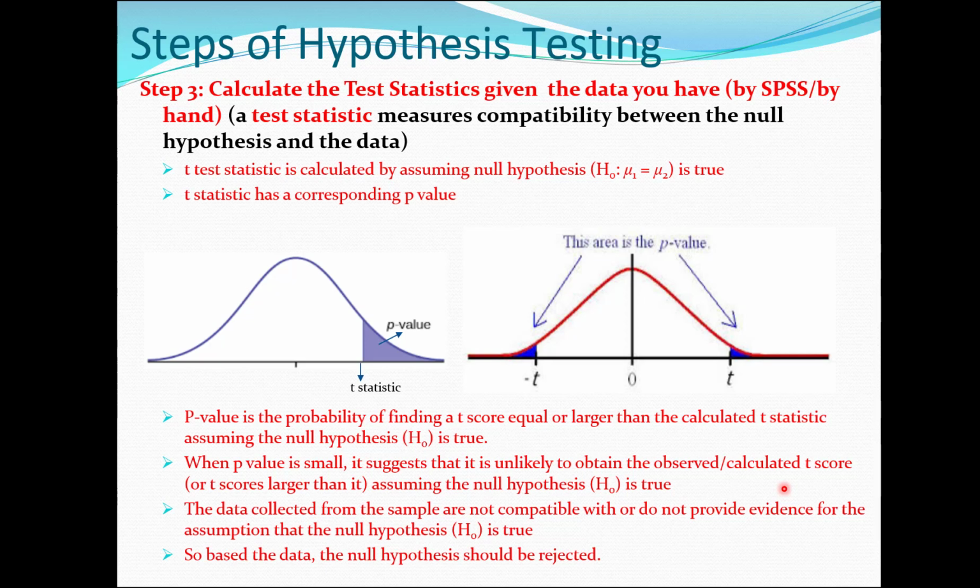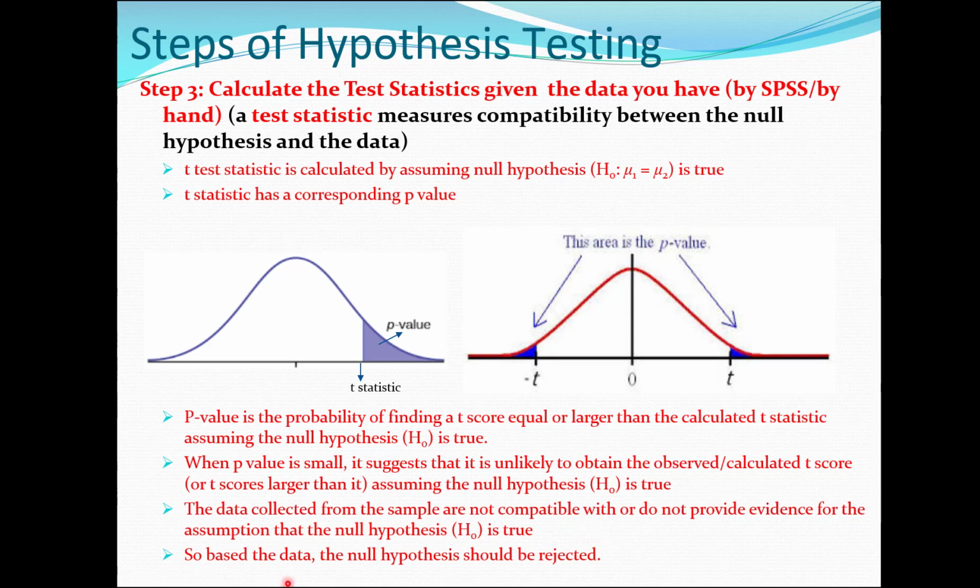And now the question is, what's the problem here? The problem is with your assumption that the null hypothesis is true. In other words, your assumption that the null hypothesis is true is problematic because the data collected from the sample are not compatible with, or do not provide evidence for, the assumption that the null hypothesis is true.